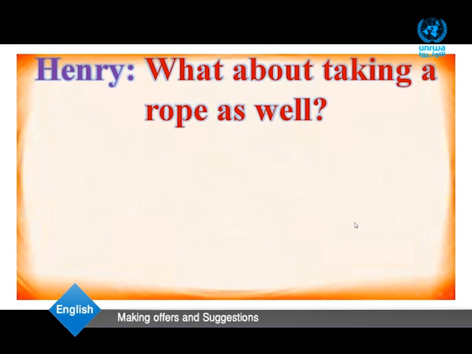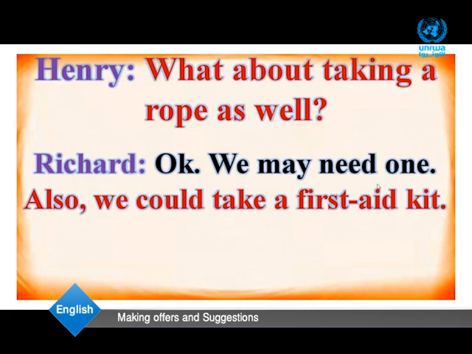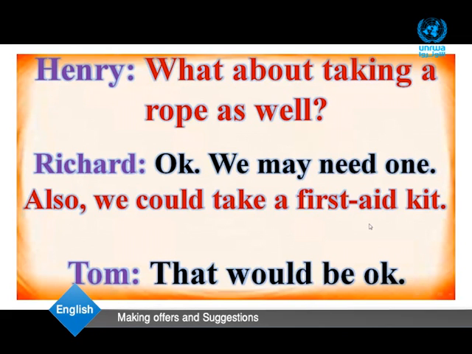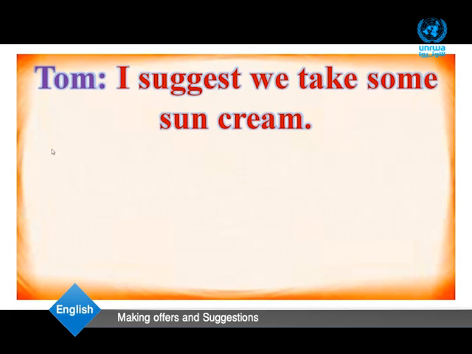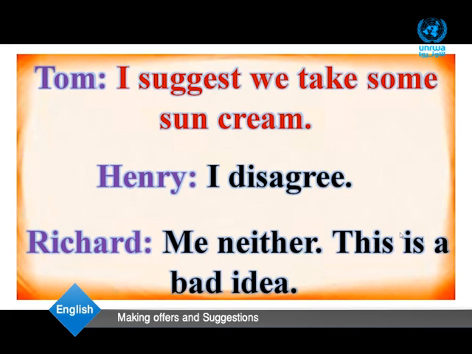What about taking a rope as well? Okay, we may need one. Also, we could take a first aid kit. That would be okay. I suggest we take some sun cream. I disagree. Me neither. This is a bad idea.